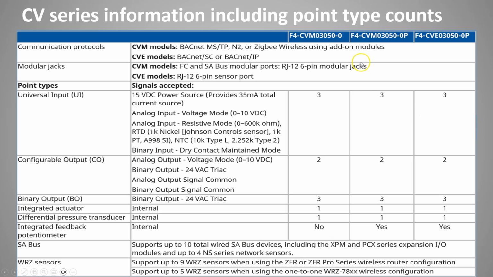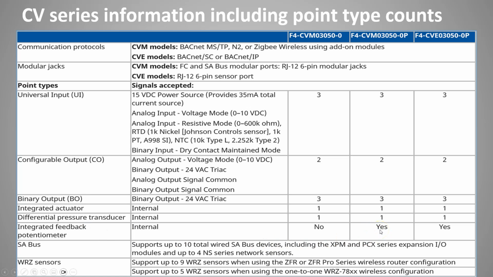These are the 3 different configurations that you can get of this controller. Again, they're all the same size. The only difference is 2 of these are MSTP. One of these has a P after the end of it right here. The P means it has a potentiometer, okay? It has a feedback positioner on there. That costs more money.